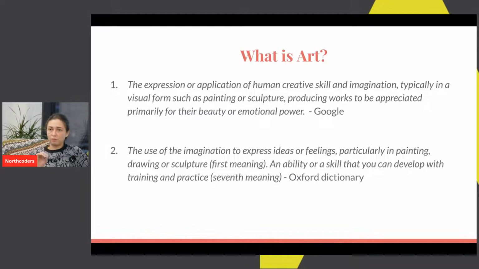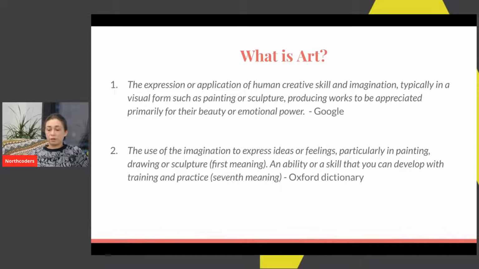So Google specifically highlights that for art to be counted as art, it has to come from a human. Now, that poses to me the question, does that mean that machines can have their own creative skills and imagination, but that does not count as art in and of itself?